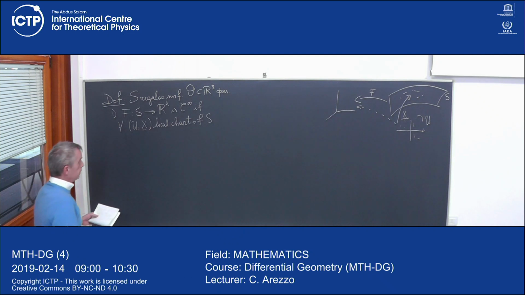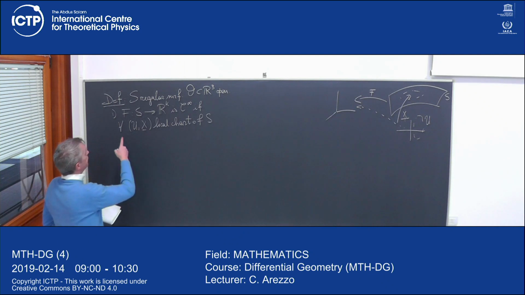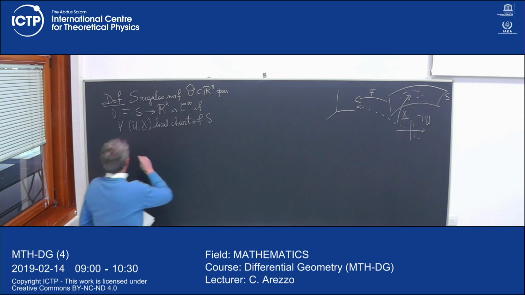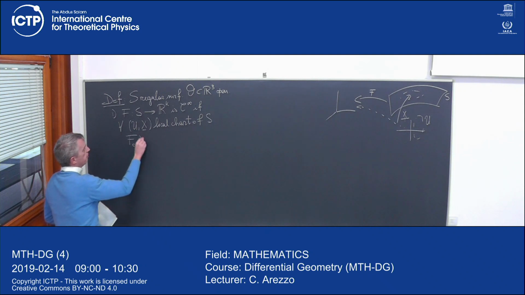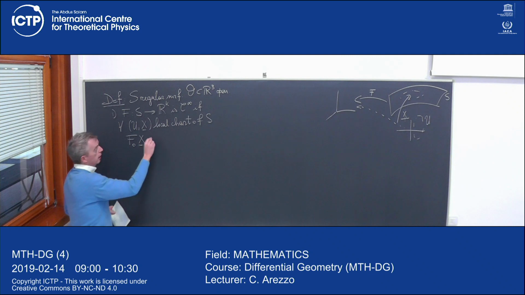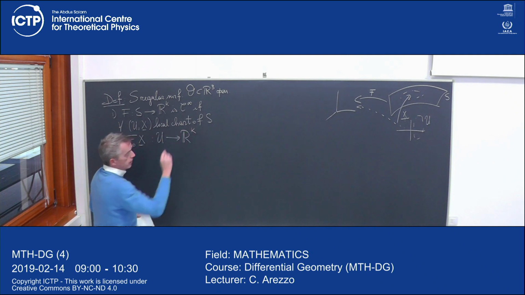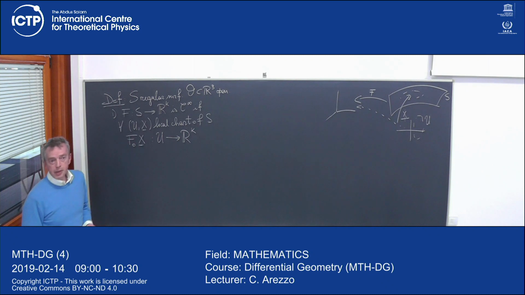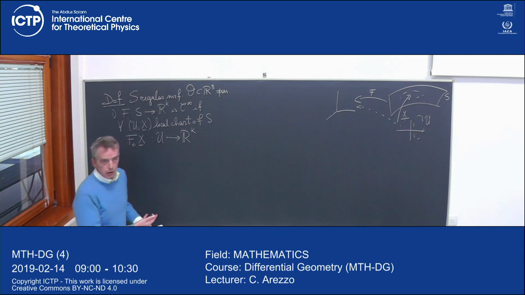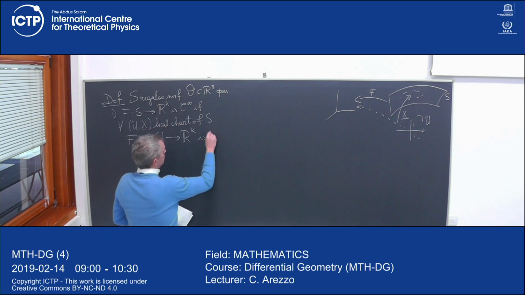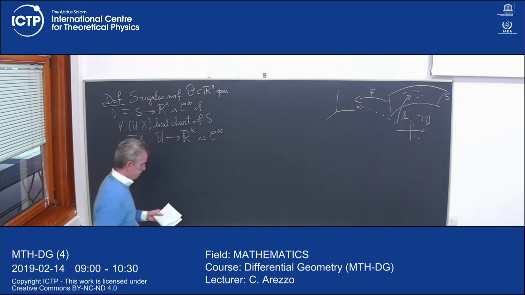So if F composed X goes from U to Rk, then it's an old-fashioned map from a domain of R2 to wherever. So we know perfectly well what it means to be smooth or C1 or C2. I will comment on this definition a bit later.